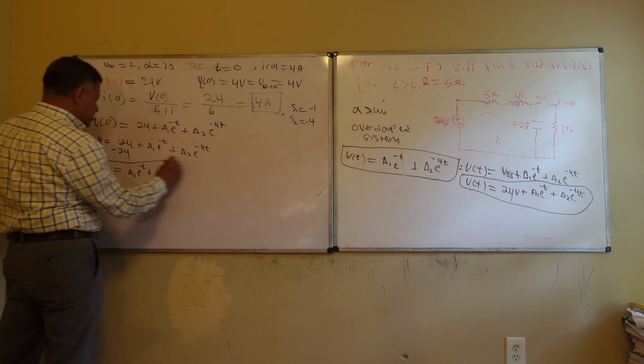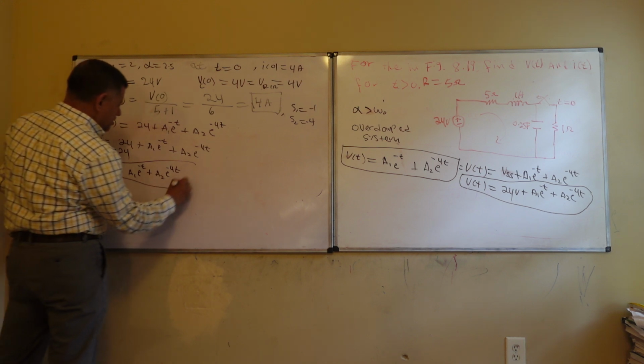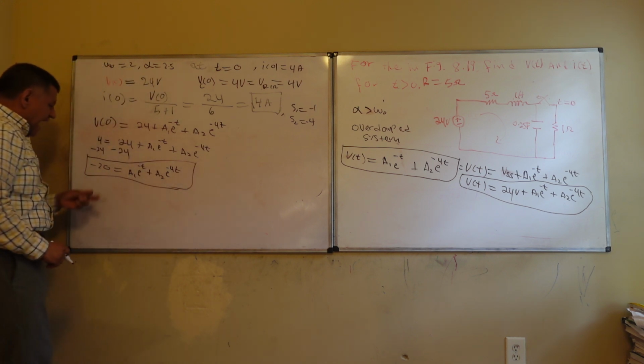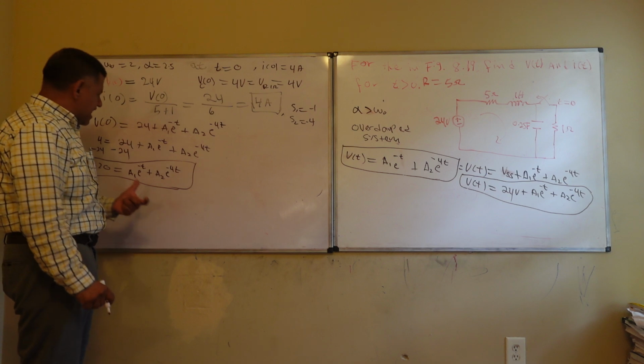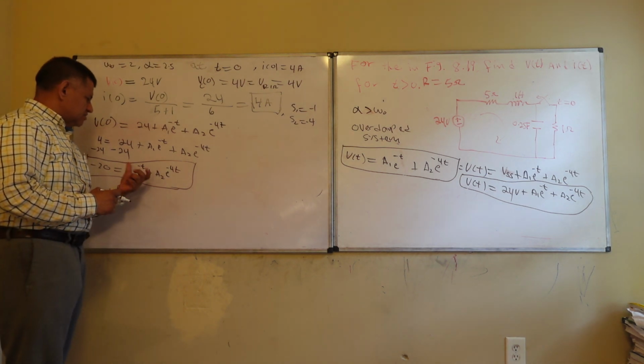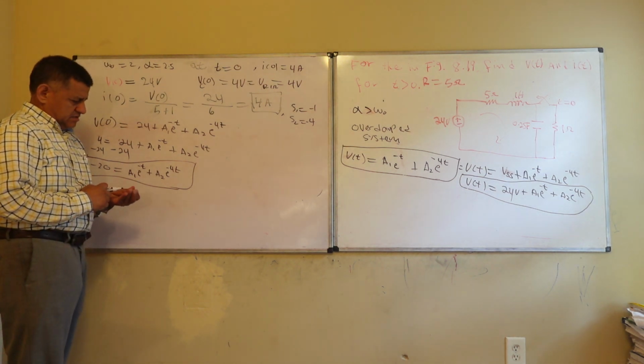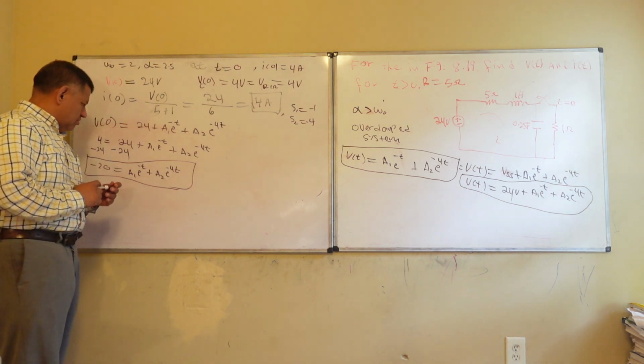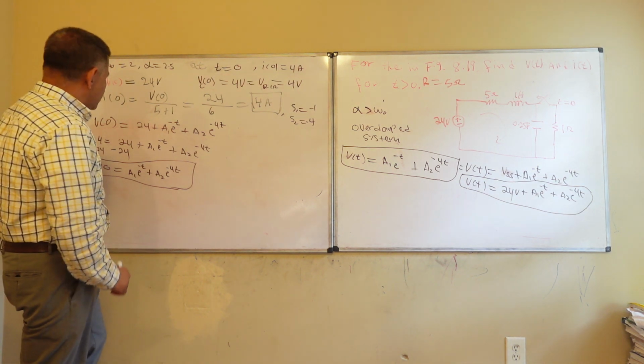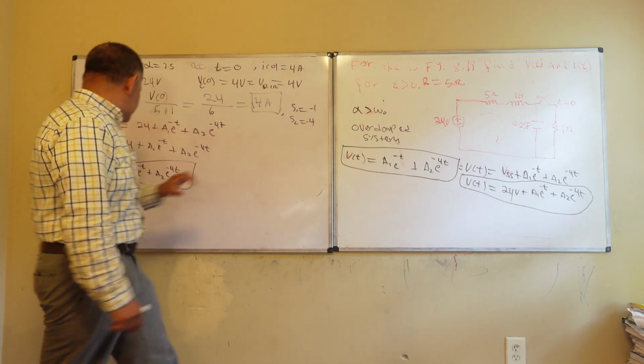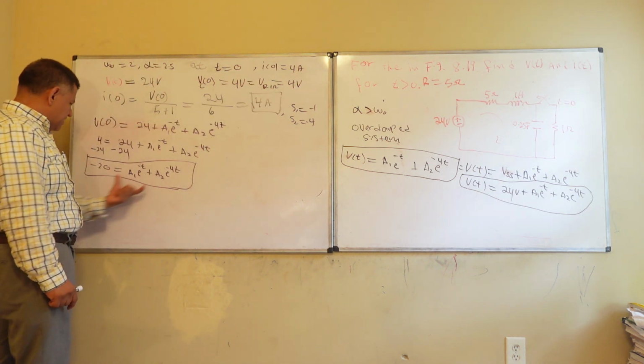Now that is one of the equations, another equation that we can actually use. After time equal 0, we start working on that. So using the condition, we use that to manipulate the equation.